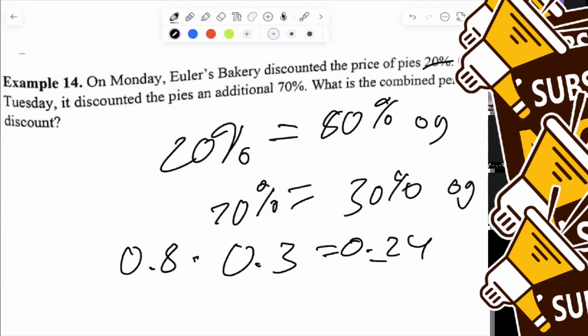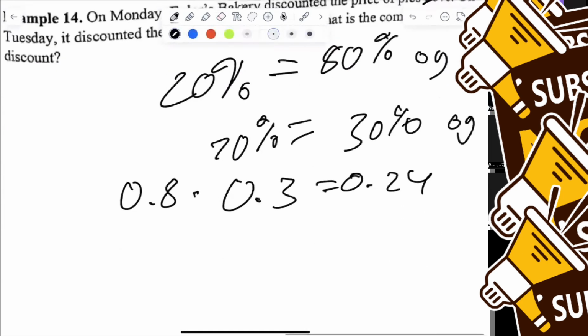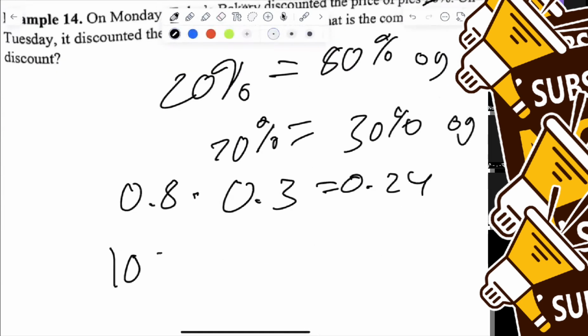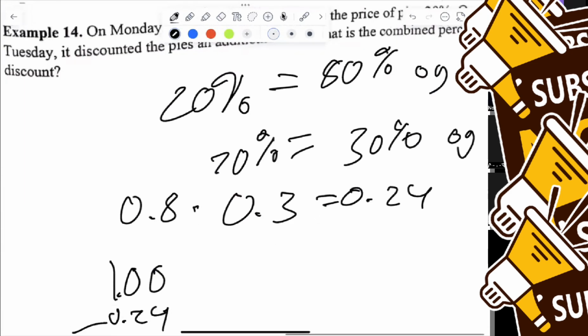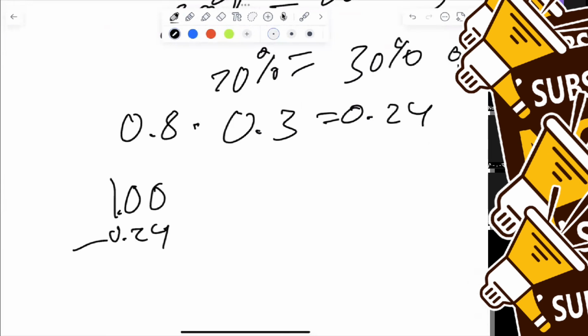This is just 24%. But we want the discount. So the discount is 1.00 minus 0.24. This gives you 0.76. So the answer is 76%.